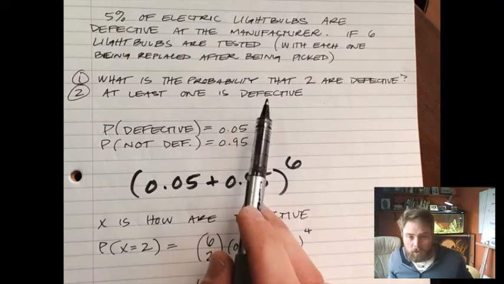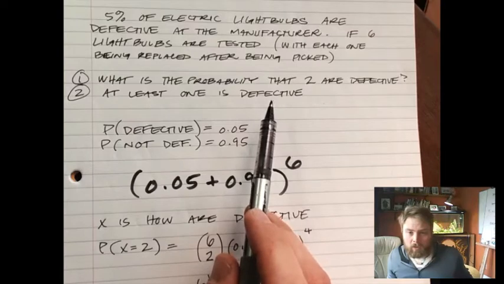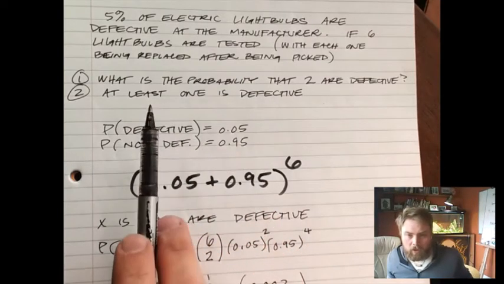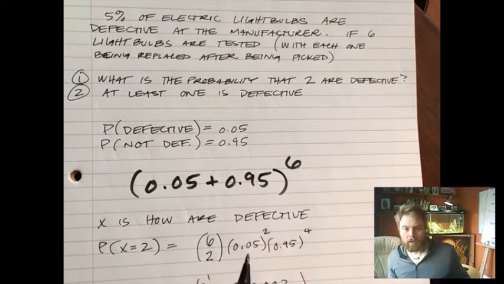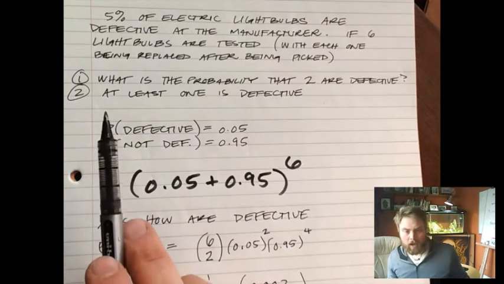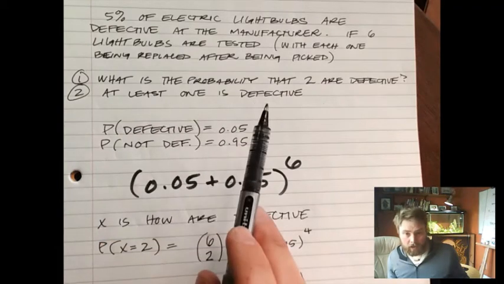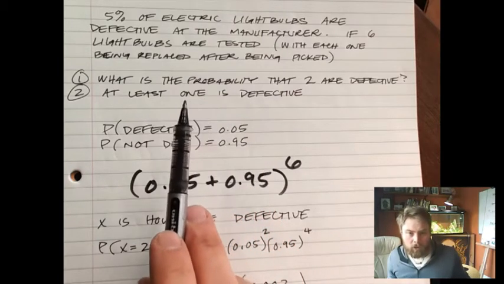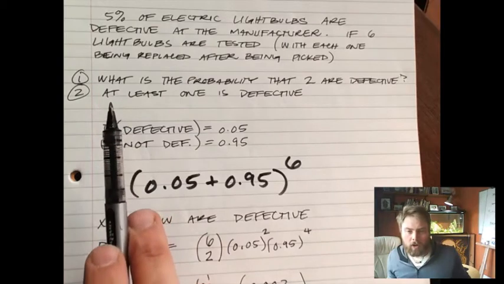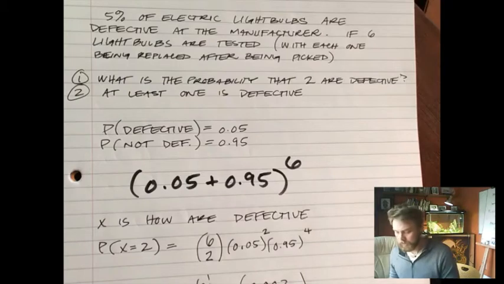So that'd be 1, 2, 3, 4, 5, 6. Really the only situation left out is the situation where all 6 are not defective. So rather than expanding everything and adding it, let's instead find the probability of a situation where none of them are defective and subtract it from 100%. So let's go ahead and do that.